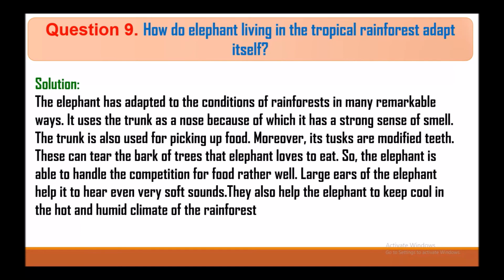Moreover, its tusks are modified teeth, and thus can tear the bark of trees that the elephant loves to eat. So the elephant is able to handle the competition for food rather well. Large ears of the elephant help it to hear even very soft sounds. They also help the elephants to keep cool in the hot and humid climate of the rainforest.